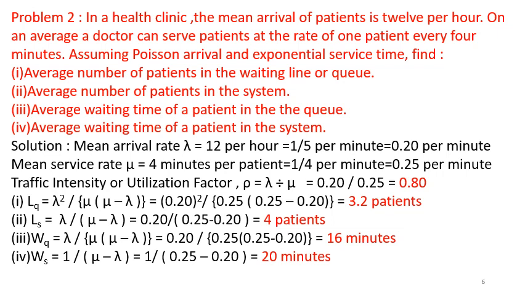So understand what is asked: average number of patients in the waiting line or queue, the length of the queue; second, average number of patients in the system, the length of the system; average waiting time of a patient in the queue, WQ; and average waiting time of a patient in the system, WS. Then substitute the formula and get the solution. This is a general way of finding out the measures.